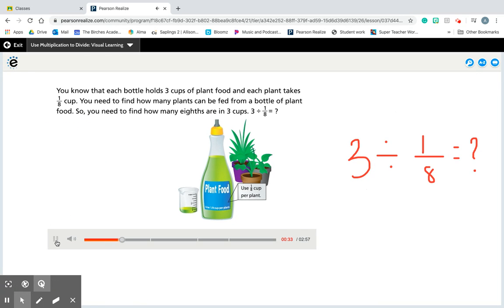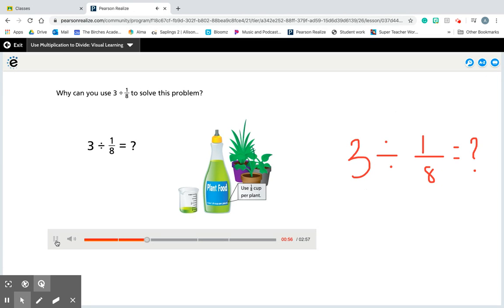You know that each bottle holds 3 cups of plant food, and each plant takes 1/8 cup. You need to find how many plants can be fed from a bottle of plant food. So you need to find how many eighths are in 3 cups. 3 divided by 1/8 equals.